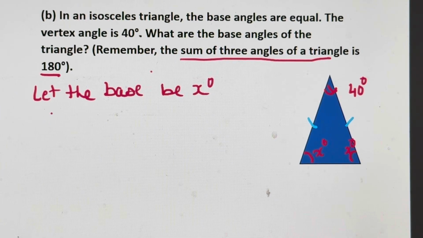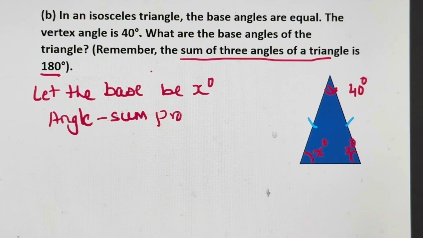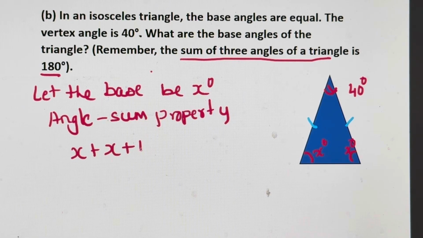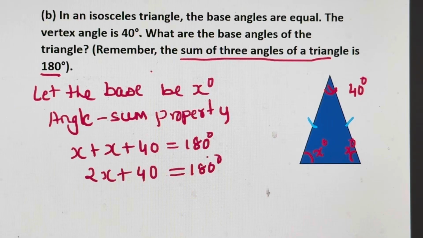So according to angle sum property, angle x plus x plus 40 will be equal to 180 degrees. Now x plus x, we are adding, this is 1 plus 1 you can see. So it becomes 2x plus 40 gives you 180. First we have just simplified the expression.